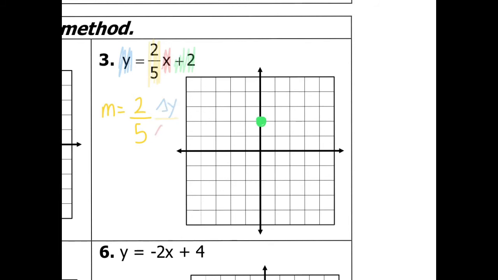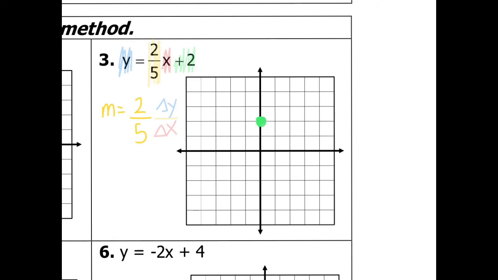So what that means is, moving from one point to the next on this particular line, I would have to travel 2 up and down and 5 left to right. I also know with a positive slope that by the time I'm done with this, I want my line to be going up from left to right. So I have to pay attention to that as well.